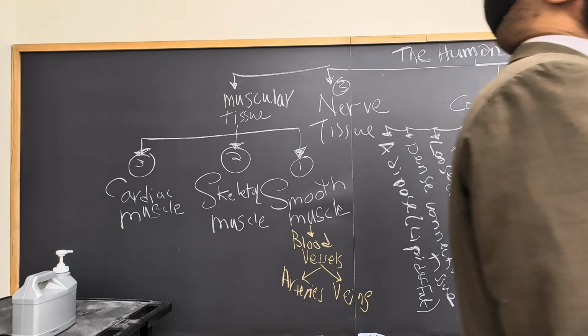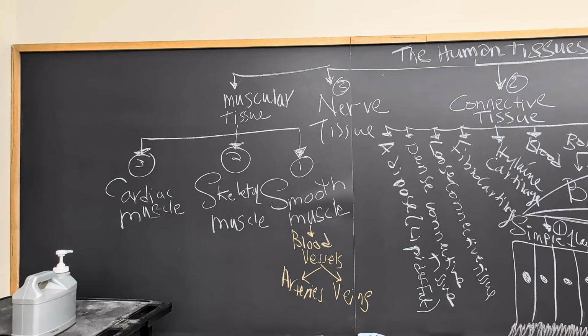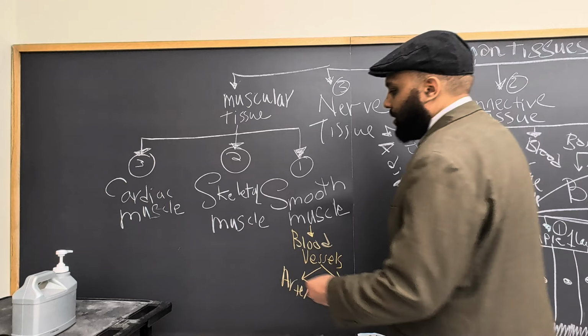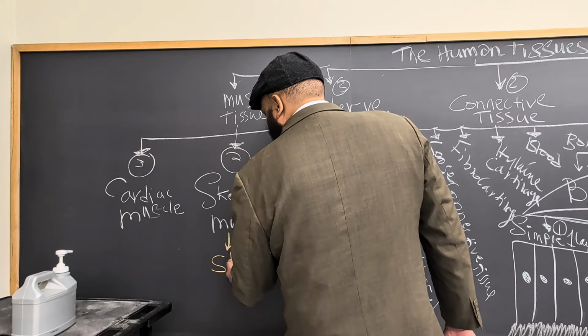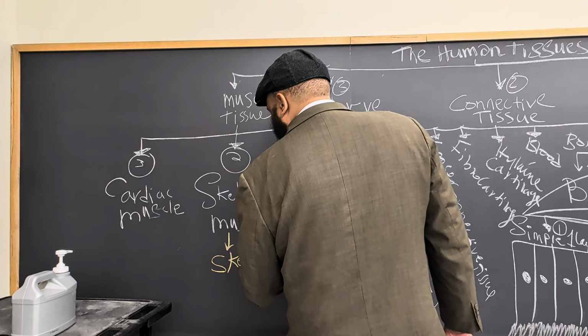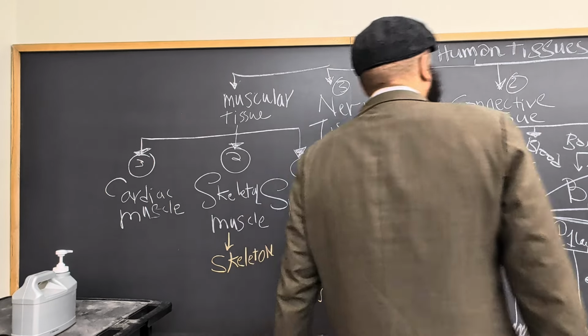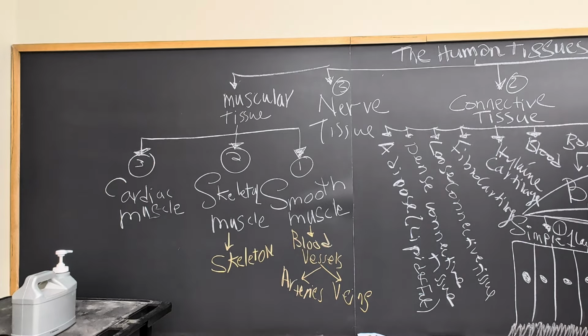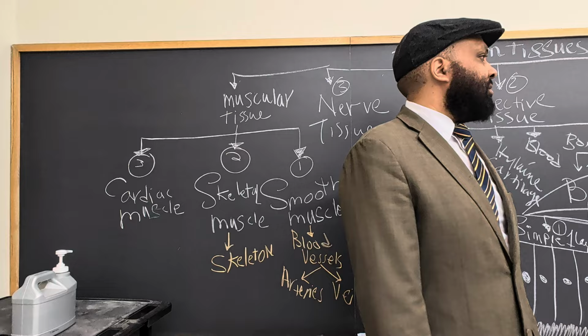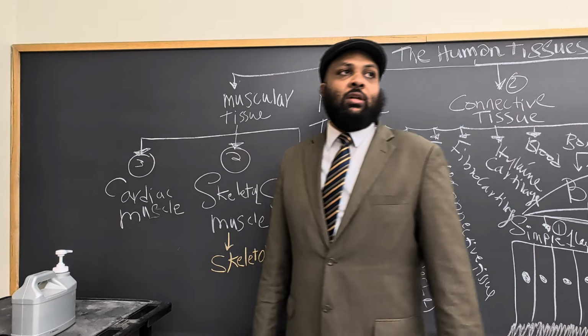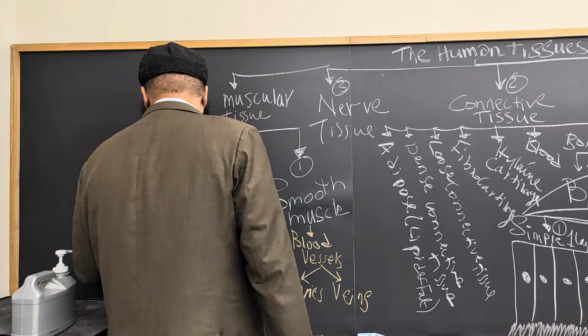Skeletal muscle is a type of muscle that you'll find on the skeleton. That's why they call it skeletal muscle. It is found on the skeleton. True or false? And lastly, you have the cardiac muscle. Where do we find cardiac muscle? The cardiac muscle is found in the heart.